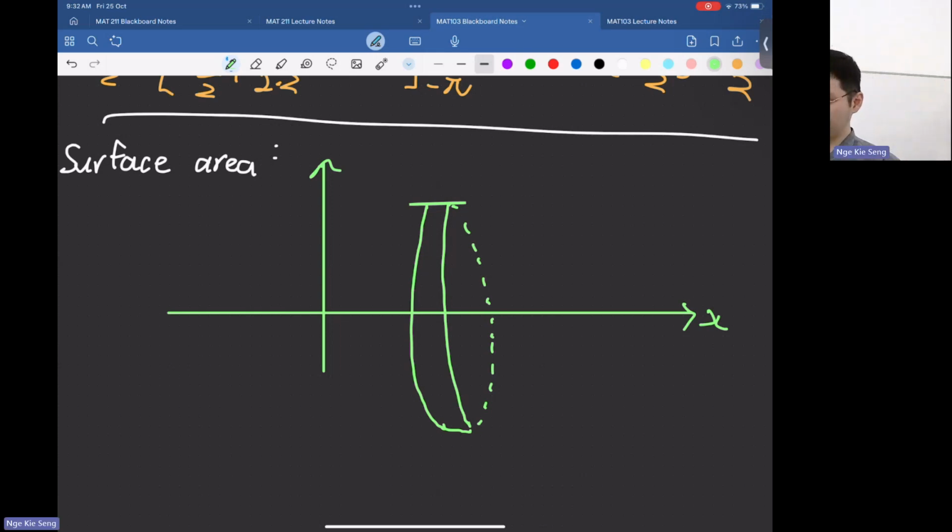Let's say we know how tall this y is. And let's say we know how long it is here. Let's say r. Maybe don't put r, it will confuse you later. Let's put s maybe. How to compute?